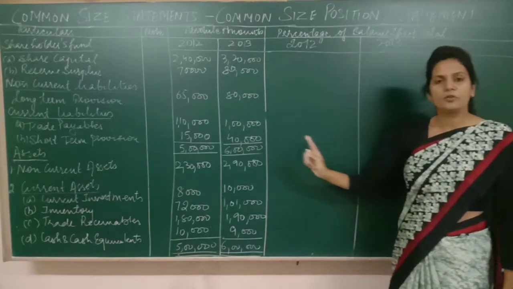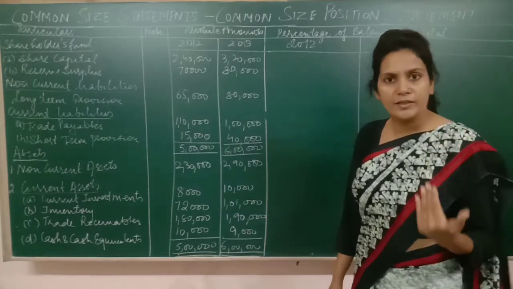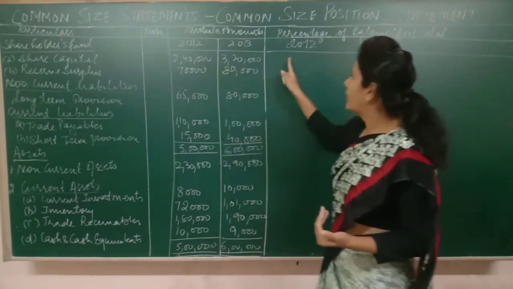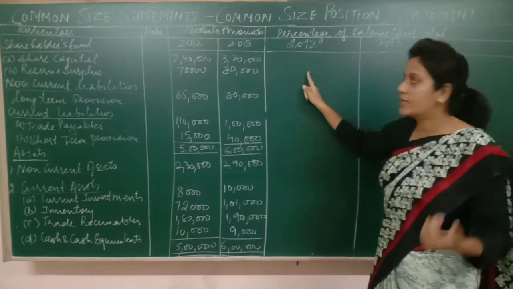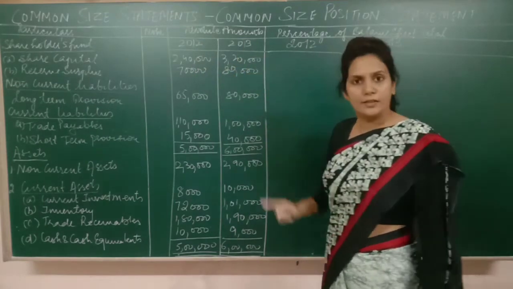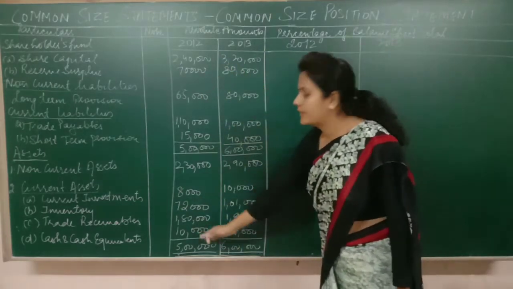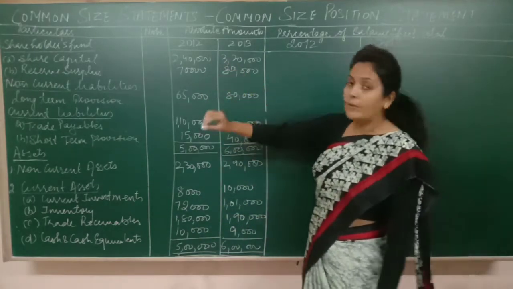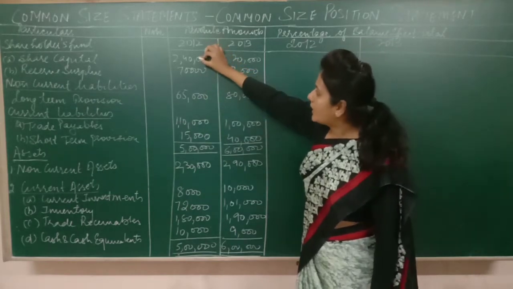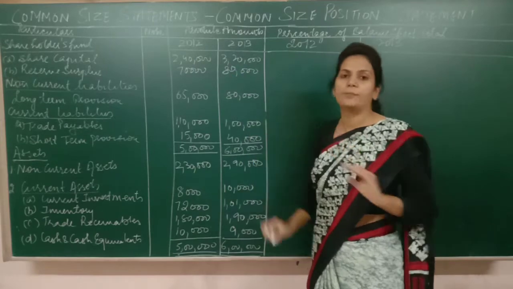So we need to keep this in mind. Now suppose we are making a comparative balance sheet, then we are supposed to find out the absolute change, which we calculated as value of the current year minus value of the previous year. But in case of a common size statement, we are doing vertical analysis, right? Now what will we do in this question? You will express a value in percentage in comparison with its total.